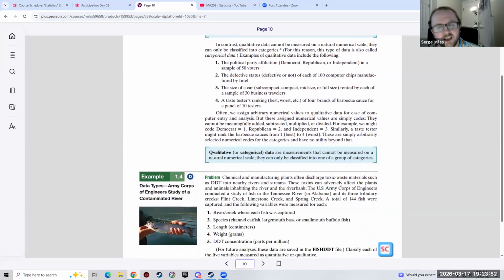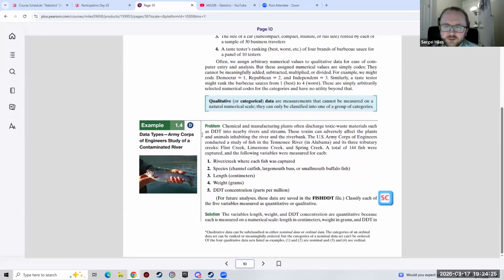Qualitative, which is the same thing as categorical, is data which is not numerical. So think color, or a species of animal or fish, or the brand of car that you drive, right? If you have a Ford or a Toyota, that brand of car does not have a numerical value. It's a category it can be placed in, so it is qualitative, okay?